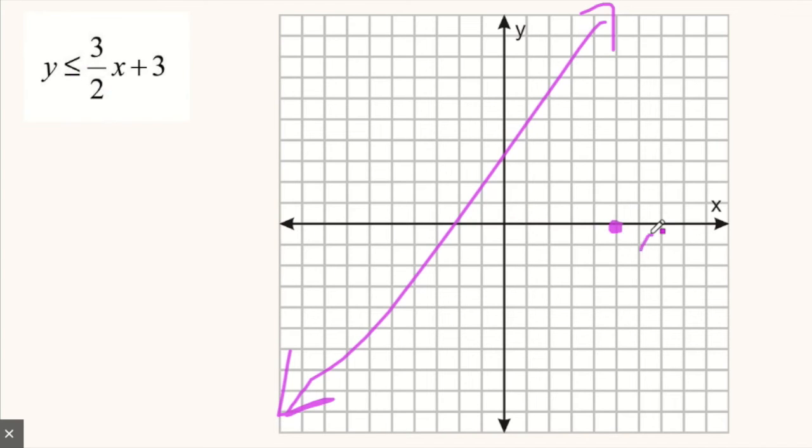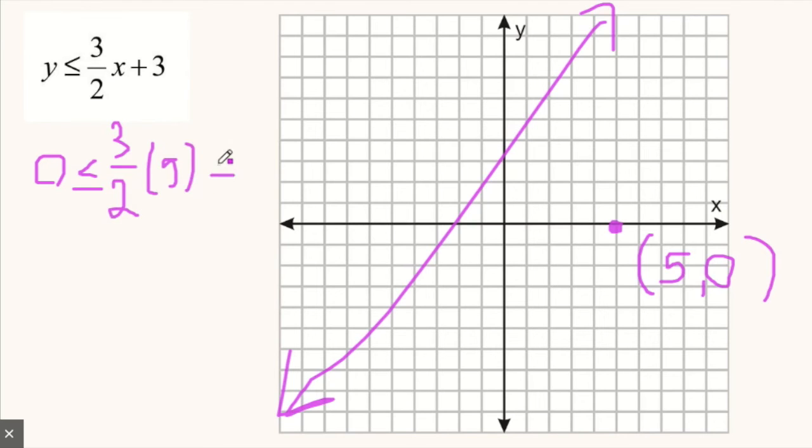This point is going to be first the x value, which is 1, 2, 3, 4, 5, and then the y value, which is, in this case, 0. Now let's plug this into the equation. Y is 0, less than or equal to 3 over 2 times x, which is 5, plus 3.